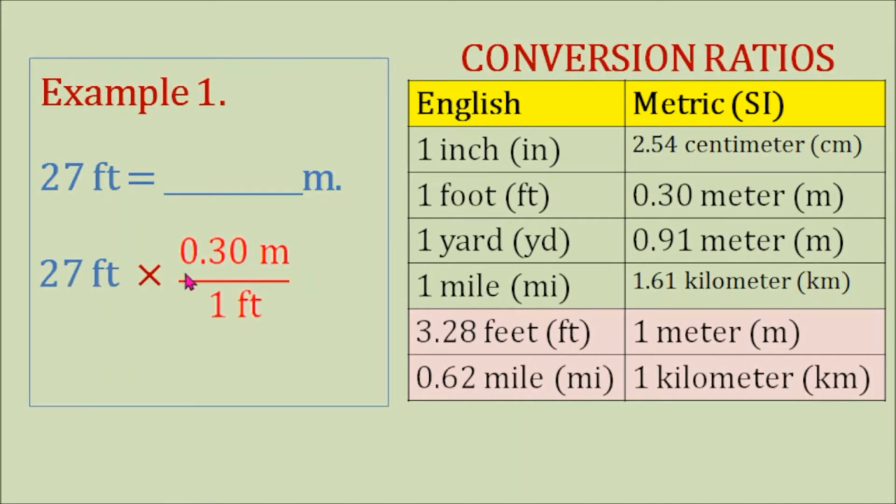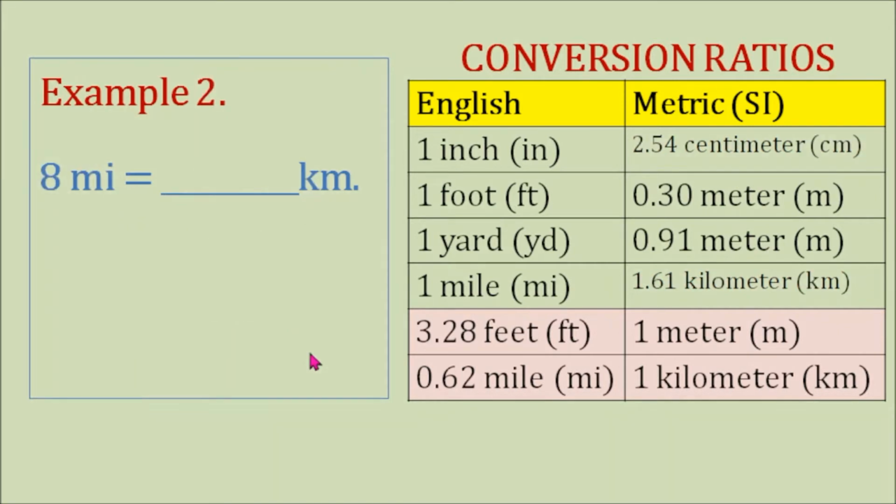So that's 0.30 m over 1 foot. So foot cancels out, so that means 27 times 0.30 m over 1 is 8.1 meters.